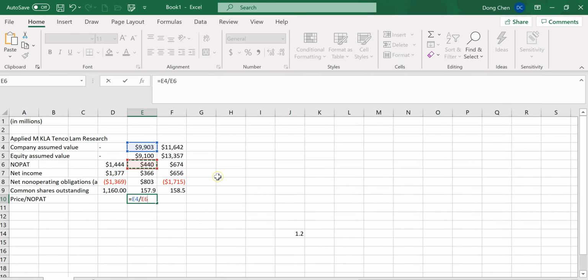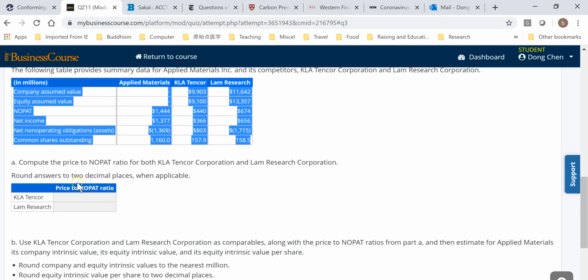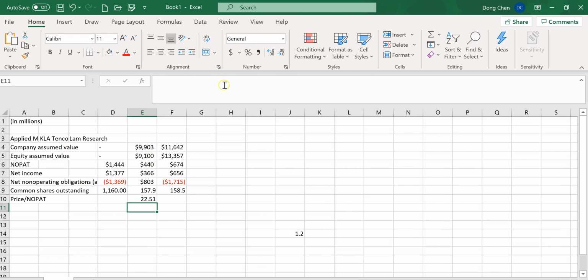It's better that we follow the rounding requirements here. Just use the round function and round to 2 decimal places. Then I can drag the cell to the right to get the same ratio for the other competitor.